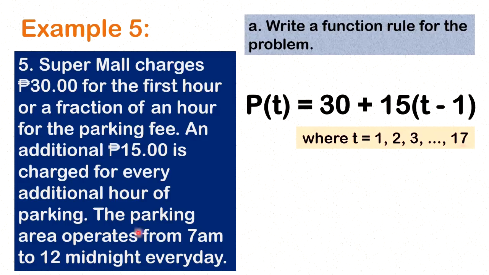Kasi if you count, bukas lang yung parking from 7 a.m. to 12 midnight. Okay? So, mag-count kayo doon. So, 7 a.m. tapos 8 a.m. That's the first hour. Okay? 17 hours yon in all. Okay? From 7 a.m. to 12 midnight. All right? Okay, so that's why we have here t equals 1 to 17.